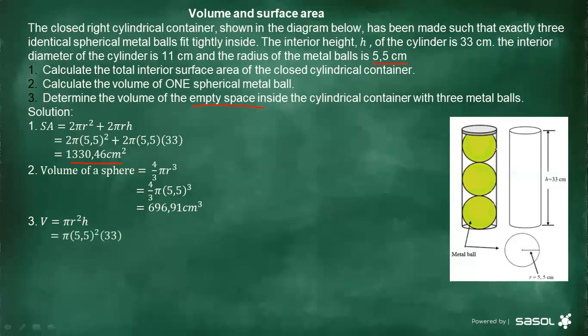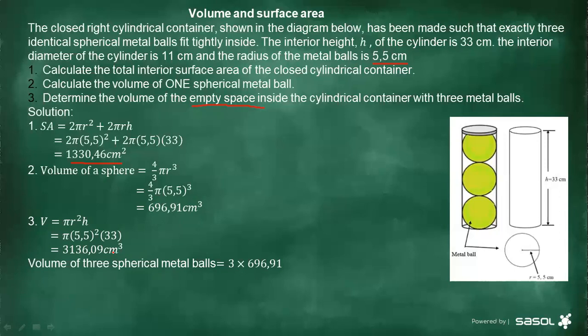The volume of the cylinder is going to give us 3,136,09 cubic centimeters. That is the volume of the whole cylinder. Thereafter, we calculate the volume of 3 metal balls. In number 2, we calculated the volume of 1 metal ball.